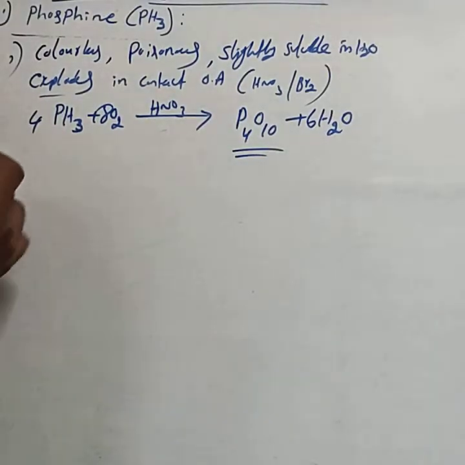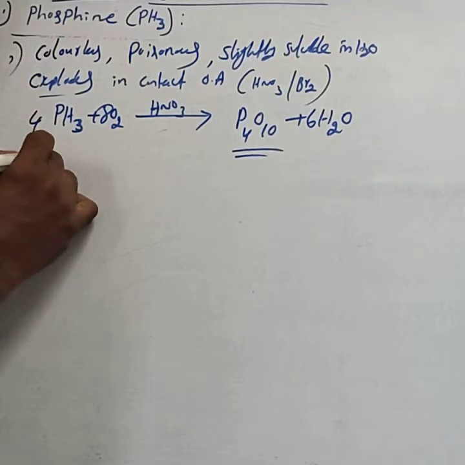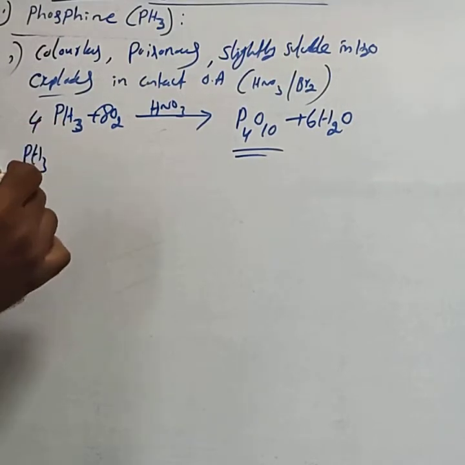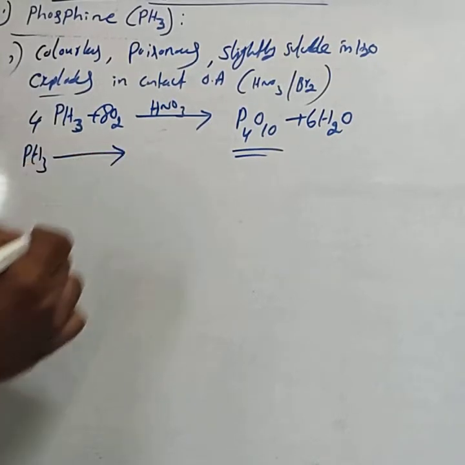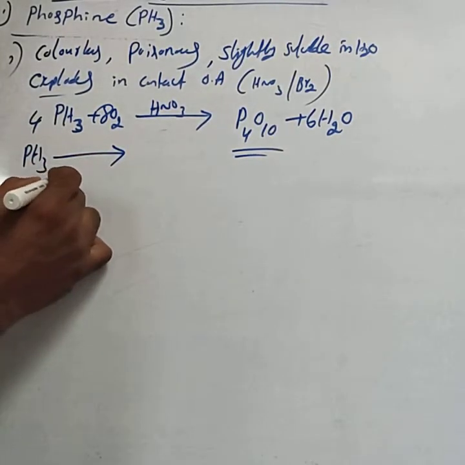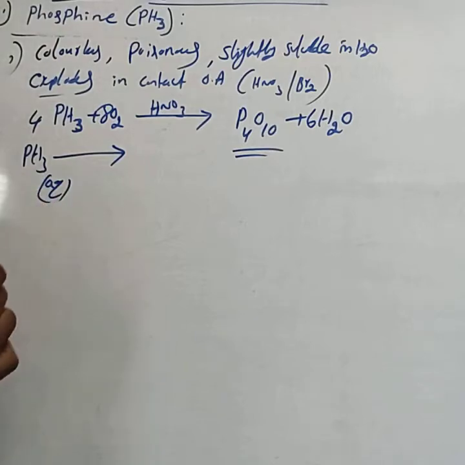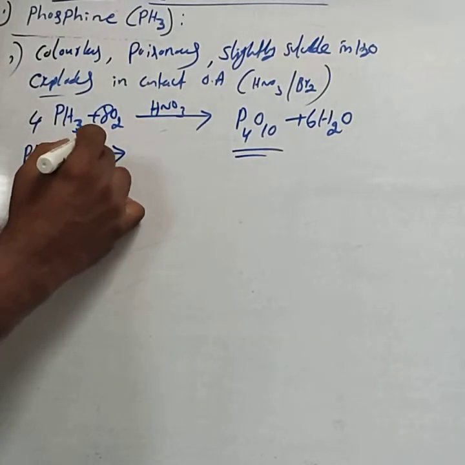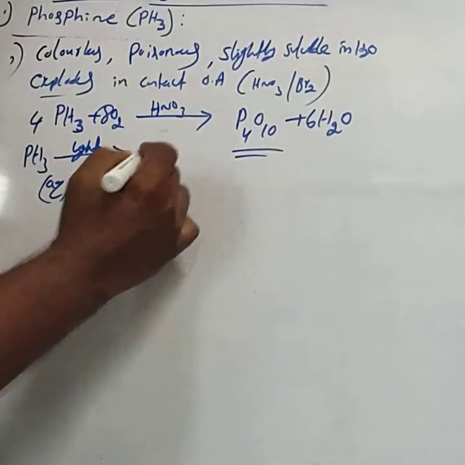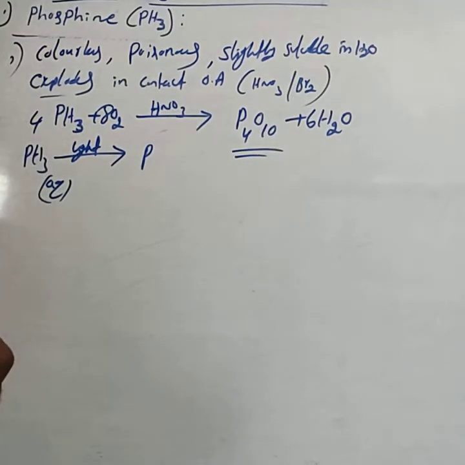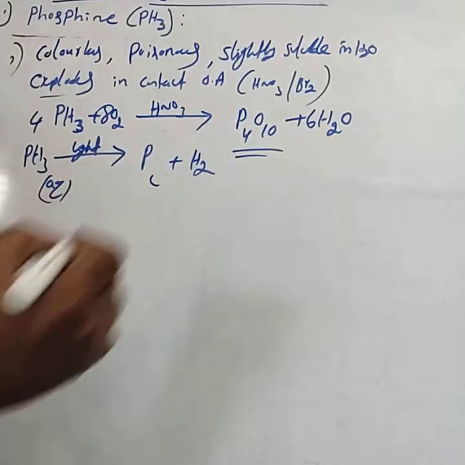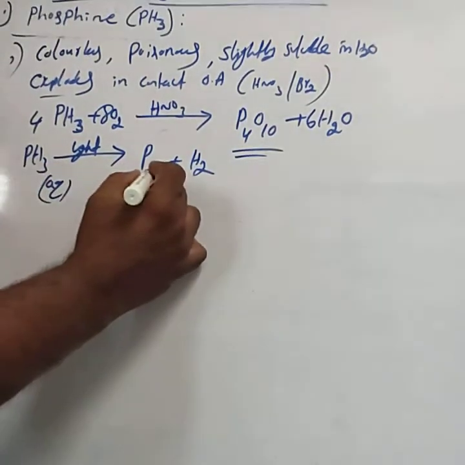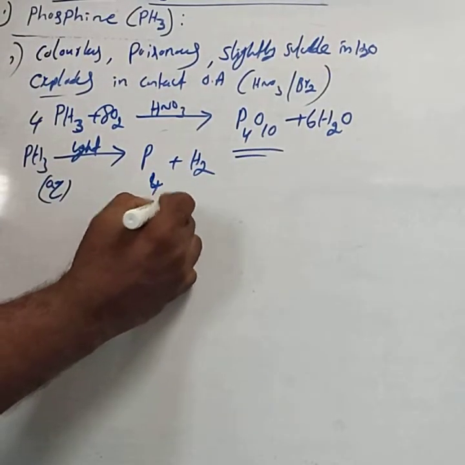Then the aqueous solution of PH3 decomposes in the presence of light to give red phosphorus and hydrogen.